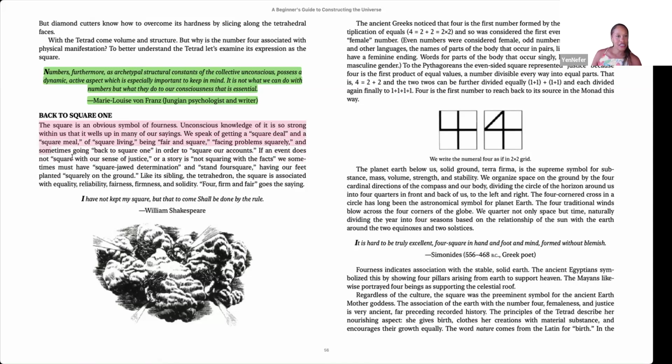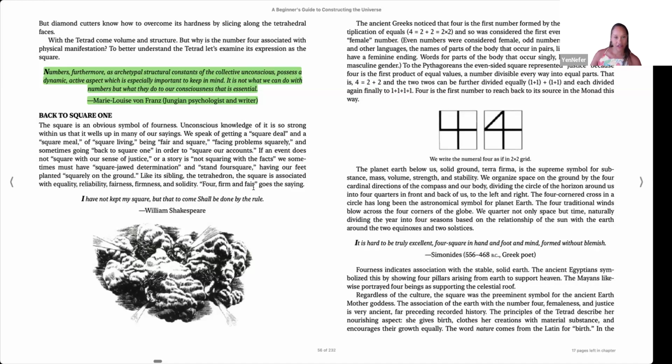If an event does not square with our sense of justice, or a story is not squaring with the facts, we sometimes must have square-jawed determination and stand four-square, having our feet planted squarely on the ground. Like its sibling, the tetrahedron, the square is associated with equality, reliability, fairness, firmness, and solidity.